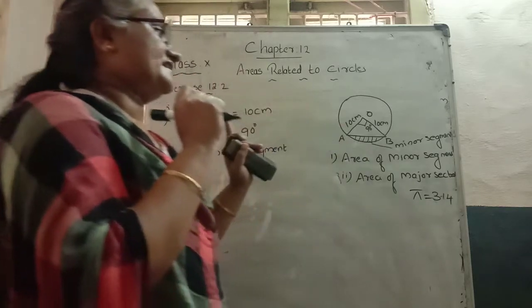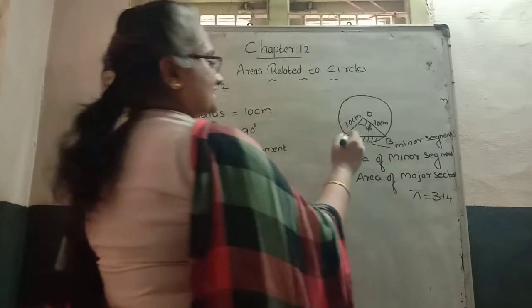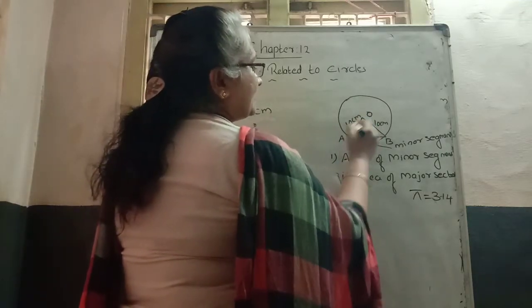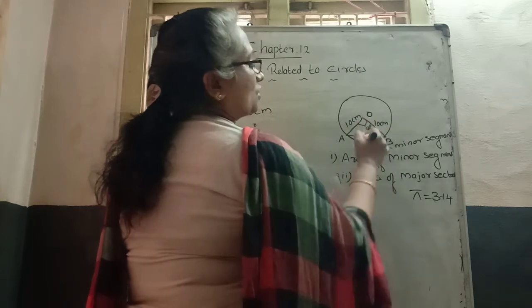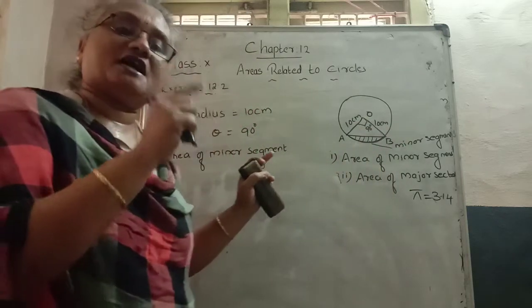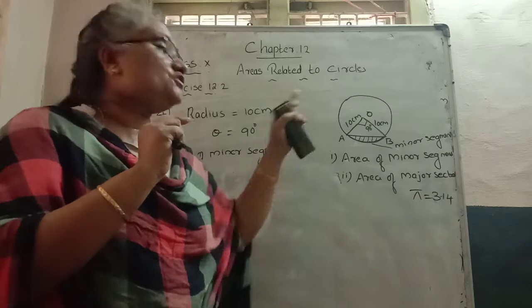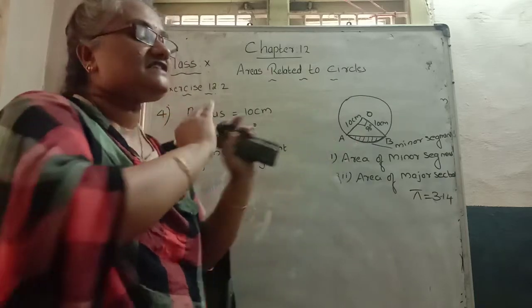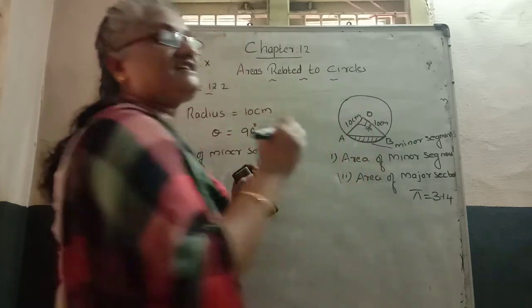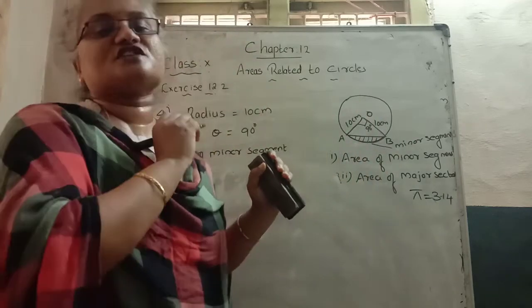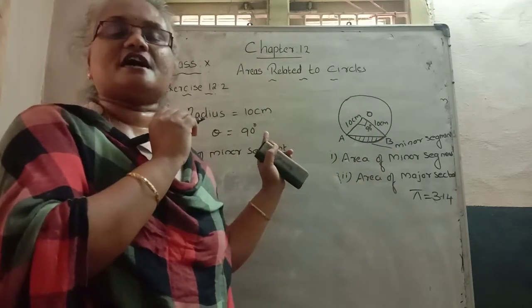How to find that answer? The region joining two radii and the arc of a circle we call a minor sector. So from the area of the sector we subtract the area of the triangle AOB. This is the formula we learned in the last class.